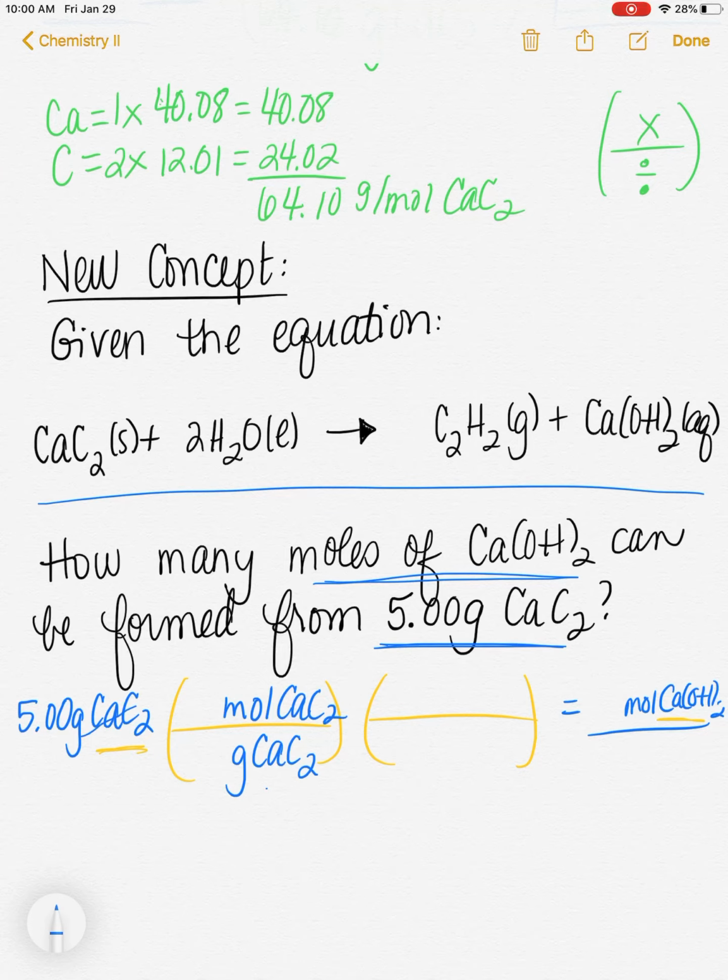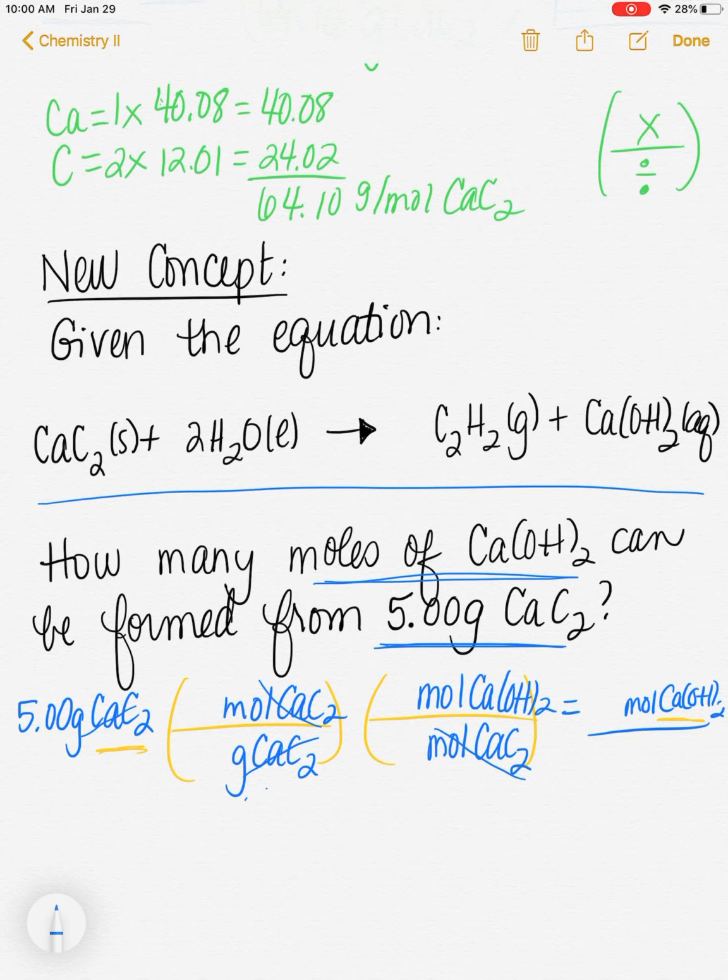So now my grams of CaC2 would cancel out and I'd have an answer in moles of CaC2. But I don't want moles of CaC2. So I'm going to put that in the bottom. I want moles of CaOH2. All right, so let's go back and plug in our numbers because that would then cancel out the moles of calcium carbide and leave me the unit I want.